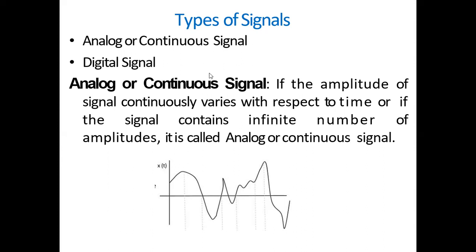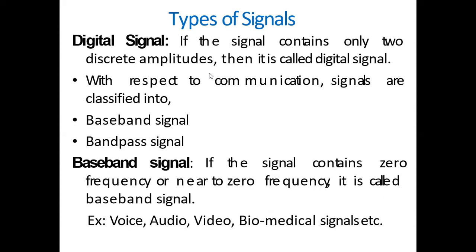Then coming to the other type of signal, the digital signal. A digital signal has only two values, either high or low. It consists of only two discrete amplitudes, so we call it a digital signal.